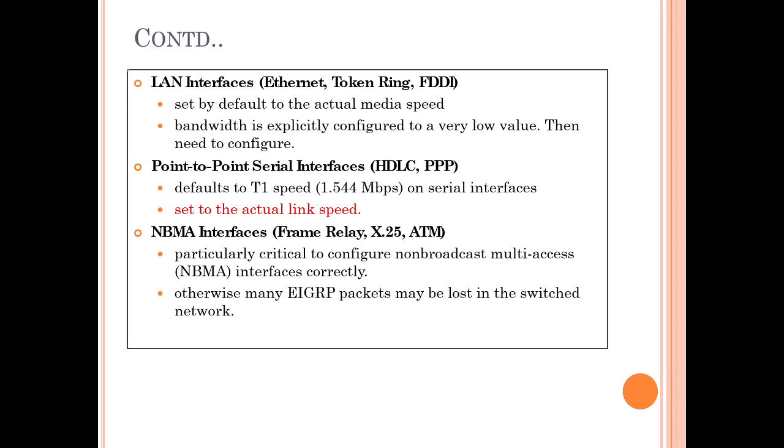Here we are talking about some encapsulations: for LAN we are using Ethernet, token ring and FDDI. On point-to-point serial interfaces we are using HDLC and point-to-point protocol, and on NBMA interfaces we are using frame relay, X.25 and ATM, which are non-broadcast multi-access networks.